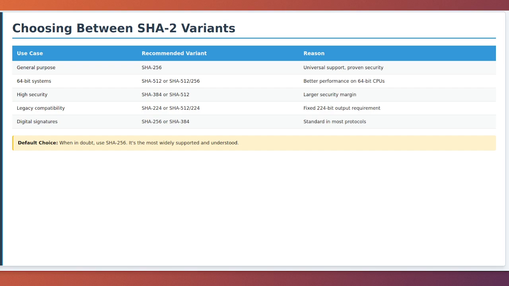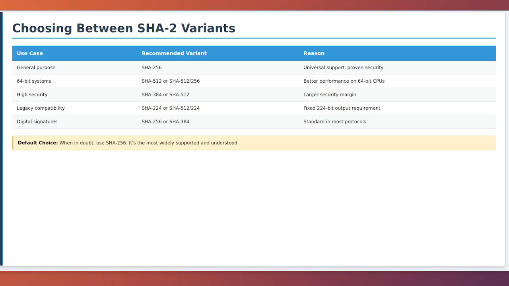Choose SHA-512 when you are working primarily on 64-bit systems and want maximum performance for large data volumes. On modern 64-bit processors, SHA-512 can actually be faster than SHA-256 per byte processed, even though it produces twice the output.